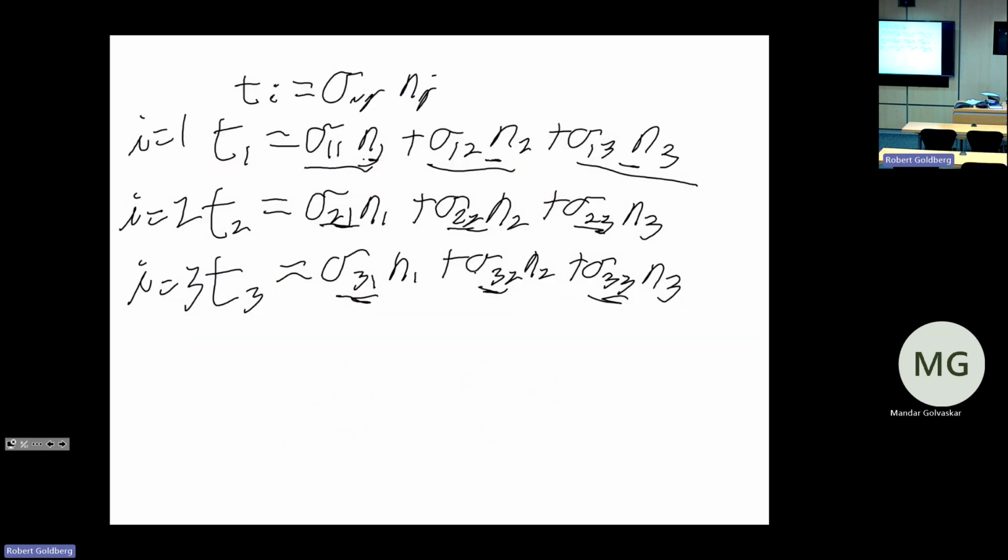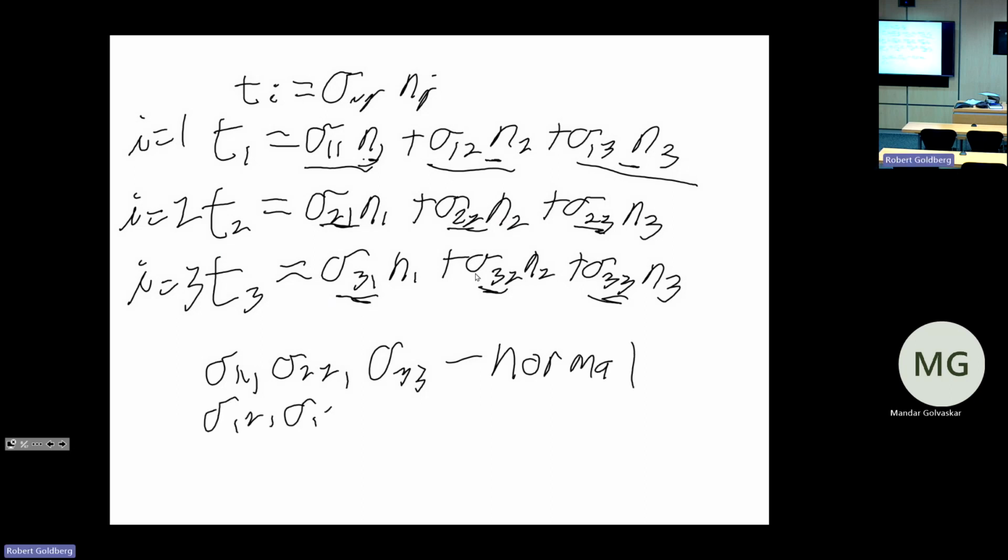And by the way, in our definition, just to make sure, sigma 1,1, sigma 2,2, and sigma 3,3 are normal stresses, and the off-diagonal components are shear stresses.